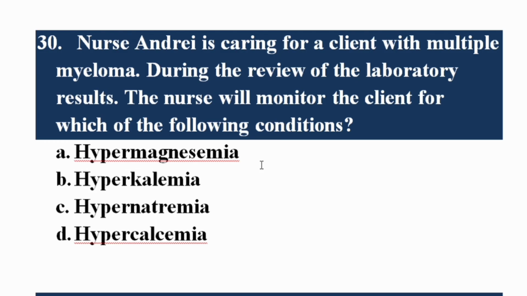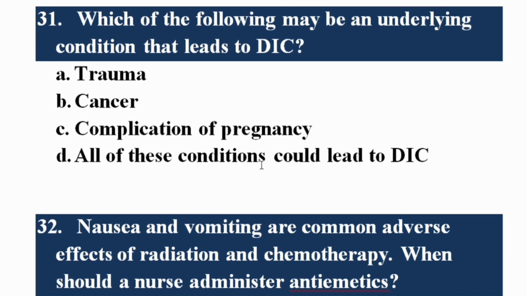The right option is delta, hypercalcemia. Which of the following may be an underlying condition that leads to DIC? The right option is delta. All of these conditions could lead to DIC.